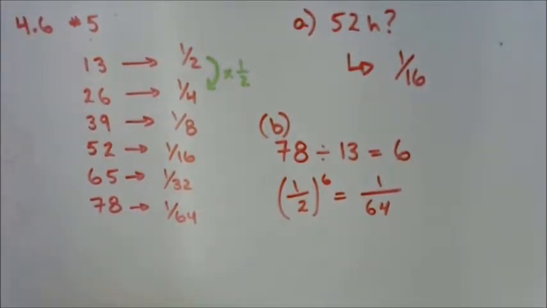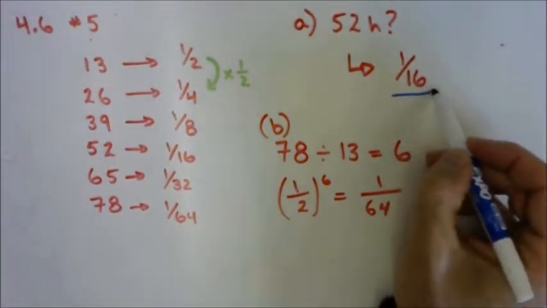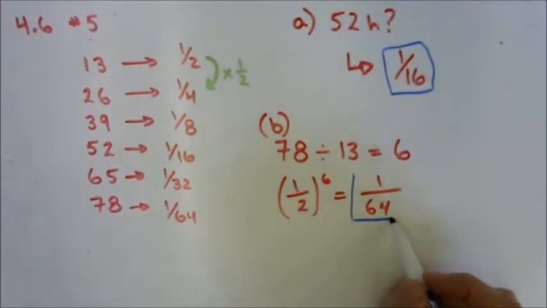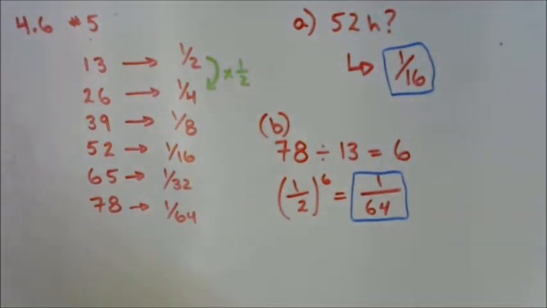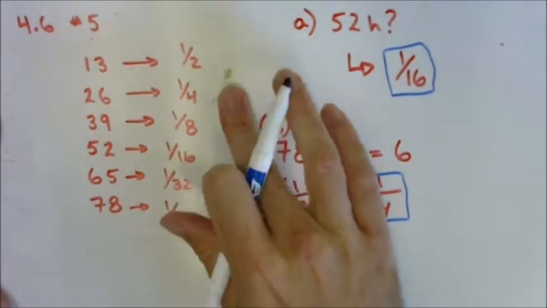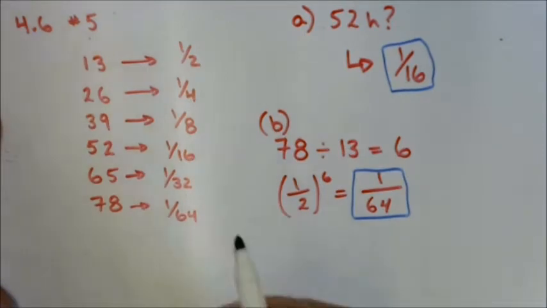Okay? What about C? C says write each fraction as a power of 2 with a negative exponent. So we're writing each of these fractions, this fraction right here, and this fraction right here, as a power of 2 with negative exponents. It's not that difficult really.